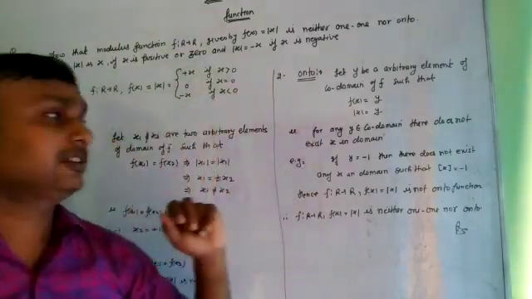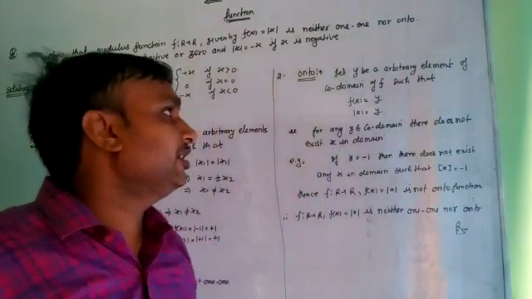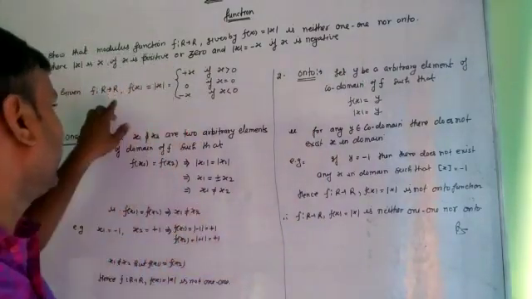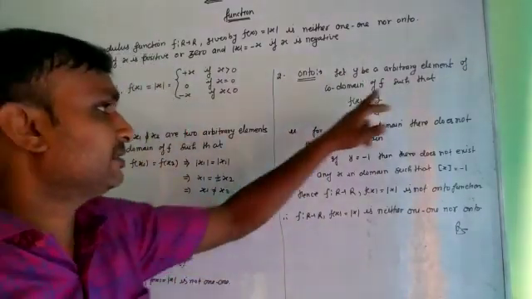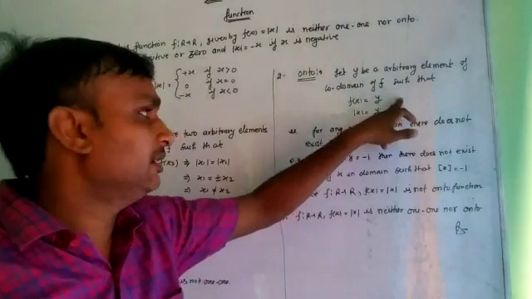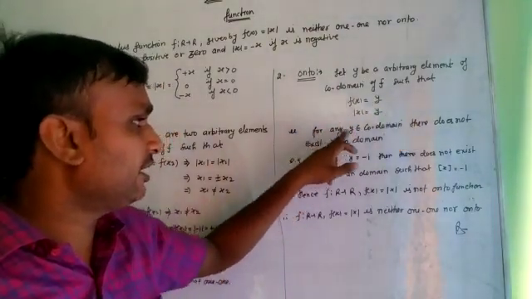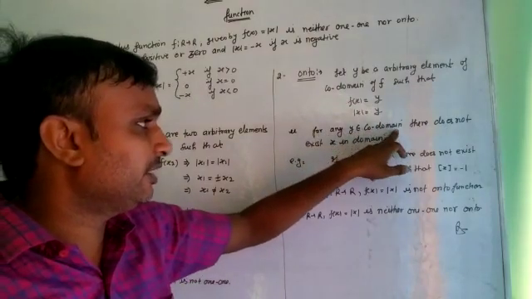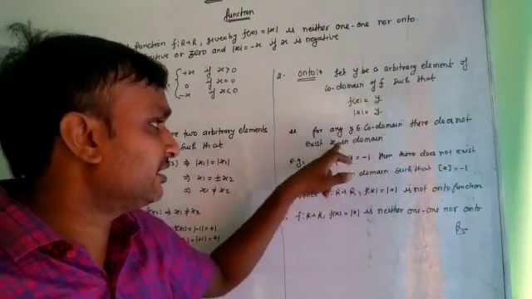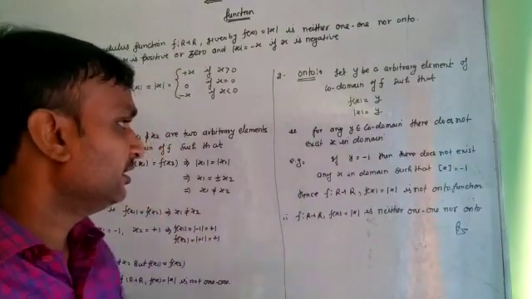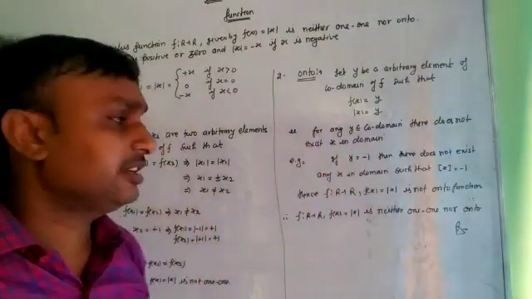Hence, f is not one-one function. Next, onto function. Let y be an arbitrary element of the codomain of f, that is this R, such that f(x) = y, implying |x| = y. That is, for any y in the codomain, there does not exist x in the domain.